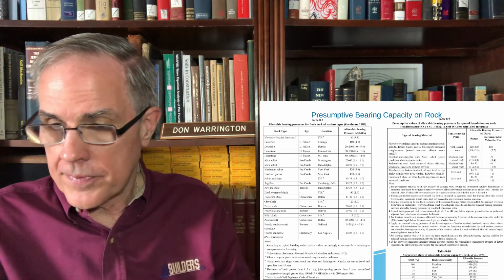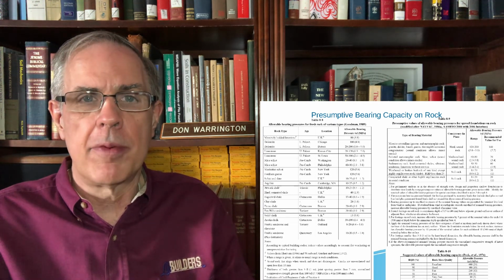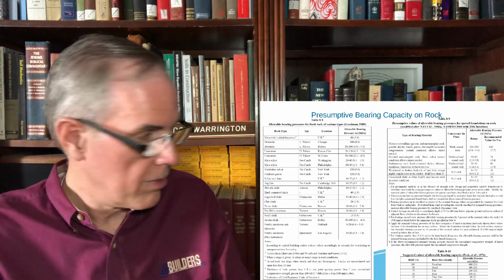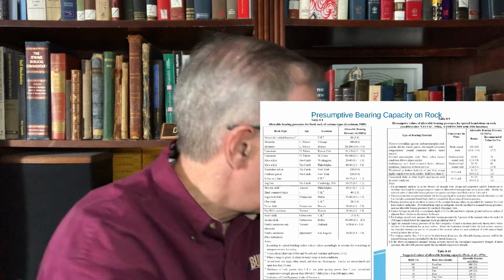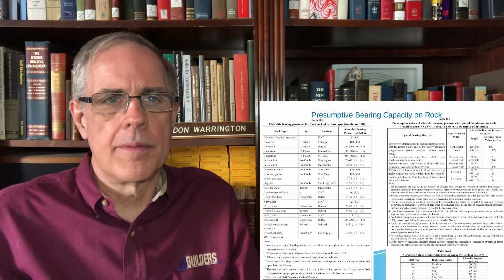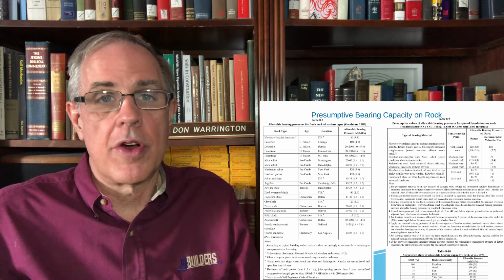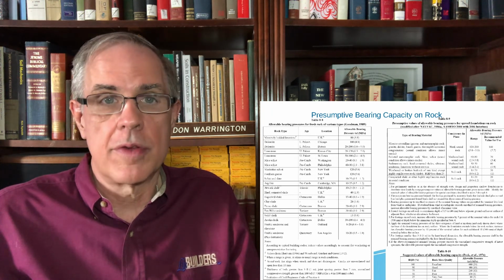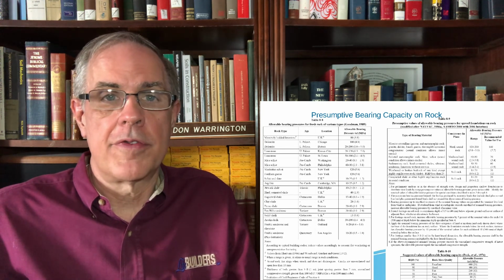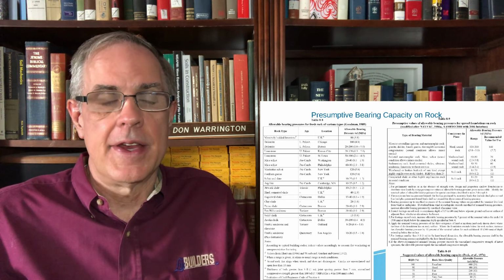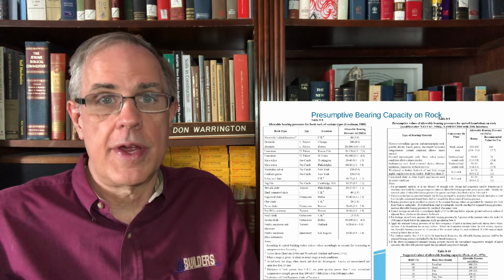These are useful values. Probably, in one sense, the most useful values are the ones down there in the lower part of the table, Ralph Peck's values using RQD. And RQD is something we did back in the original soil mechanics course, one of your first lab experiments. RQD is very useful, and again, RQD emphasizes the fact that the big variable in rock is its integrity.